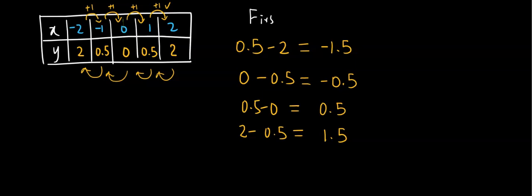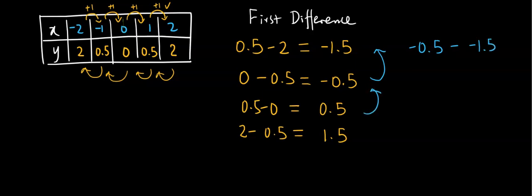So the first difference is done. We're going to write down the words, first difference. Then we're going to calculate the second difference. The second difference, we're going to do 0.5 minus 1.5, okay? And then 0.5 minus 0.5. Again, 1.5 minus 0.5.